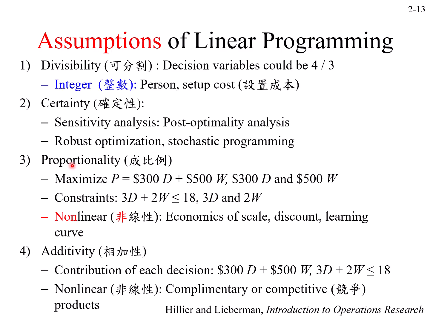And the third one is proportionality. This is proportional. That is, when we increase the production of our product, it will be sold out in the market. But in the real world, there is competition or economies of scale, or we have a discount.